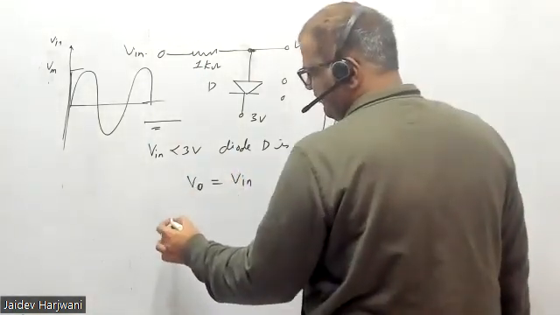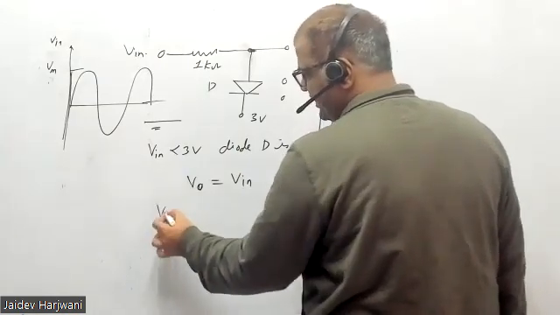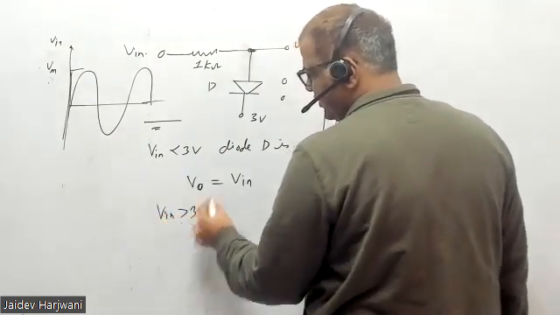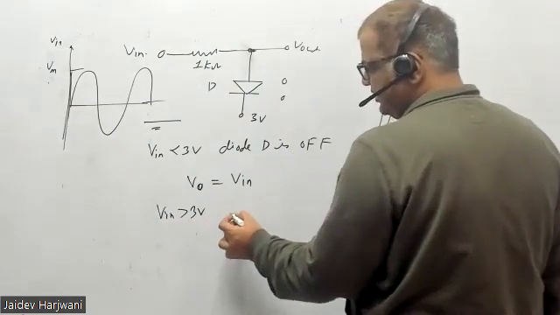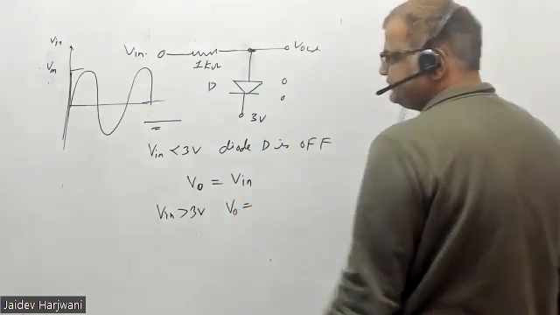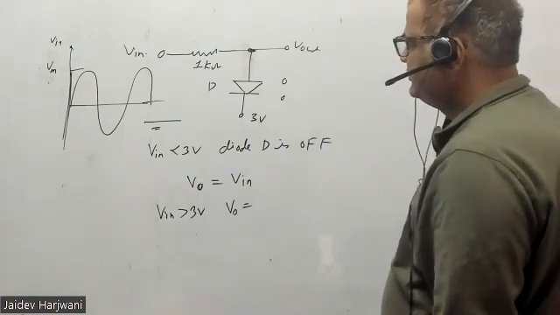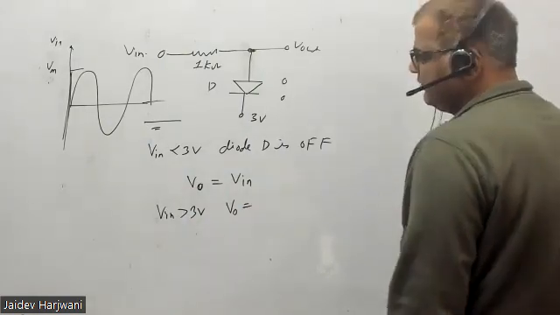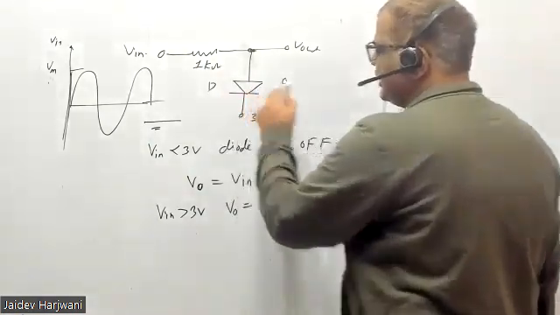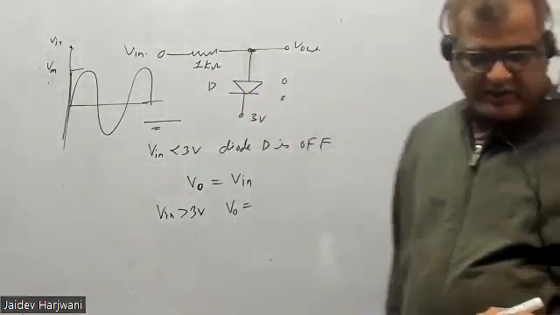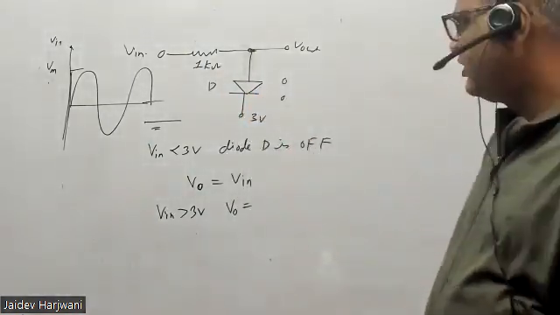And if V input becomes greater than 3 volt, then what will your V naught be? If V input is greater than 3 volt, this diode will turn on.